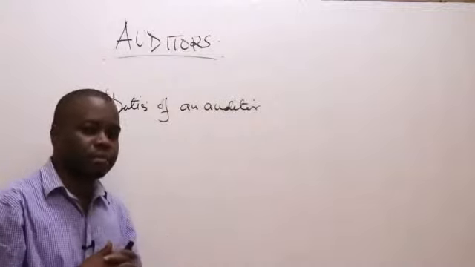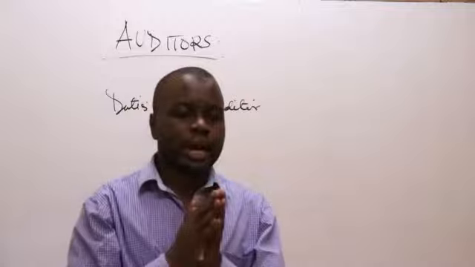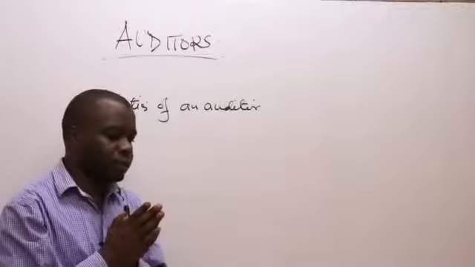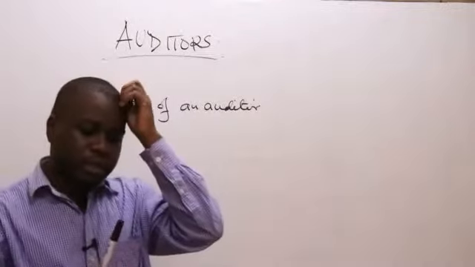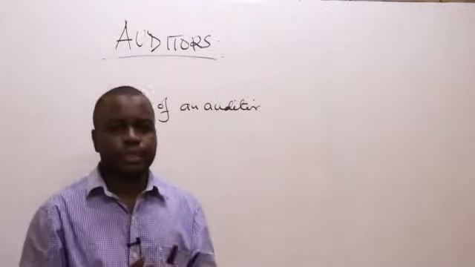Then he must ensure that he's following all those rules as outlined by the Accountants Act. Because when you're practicing as an auditor, you must ensure that when you are carrying out your work, you meet certain professional standards.